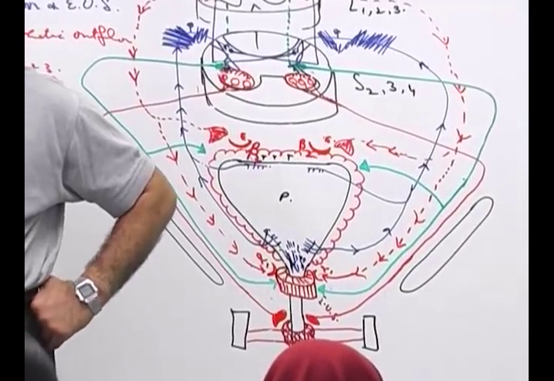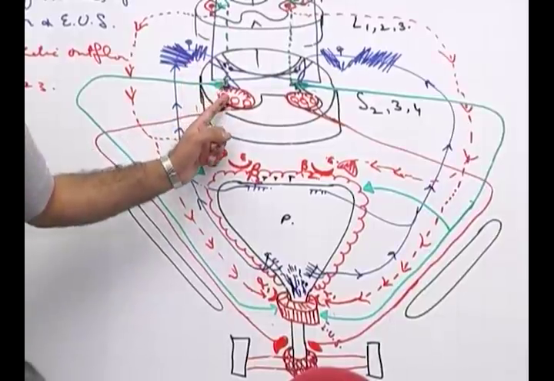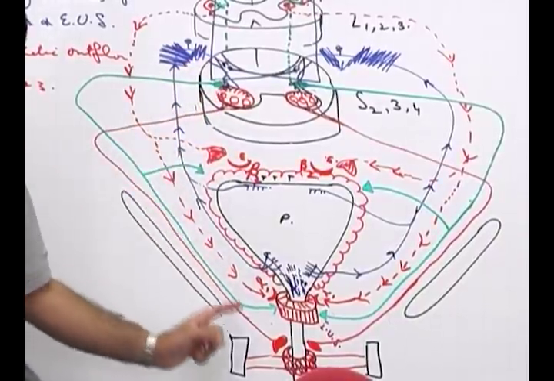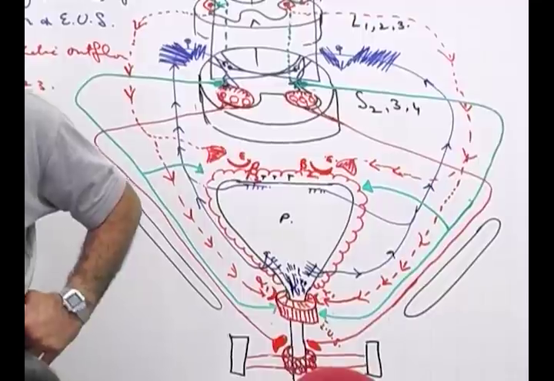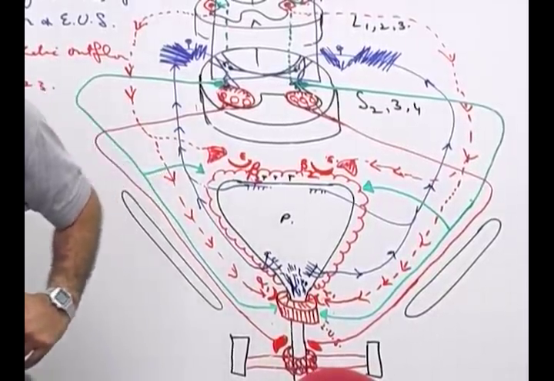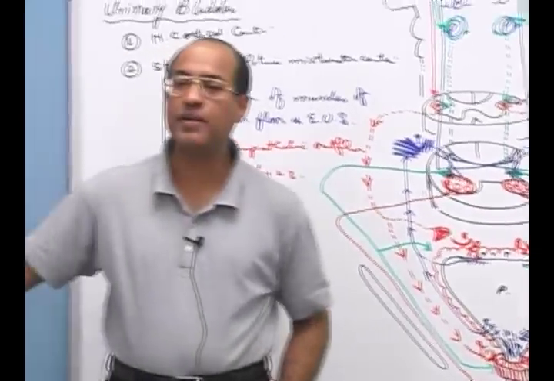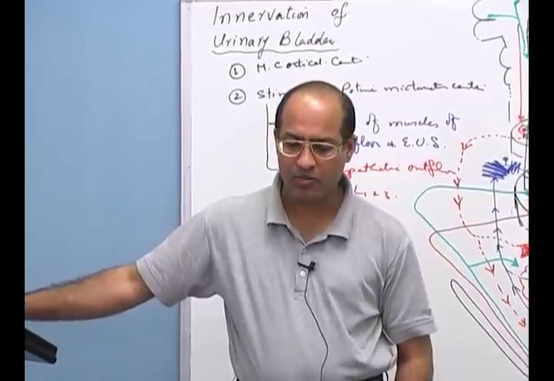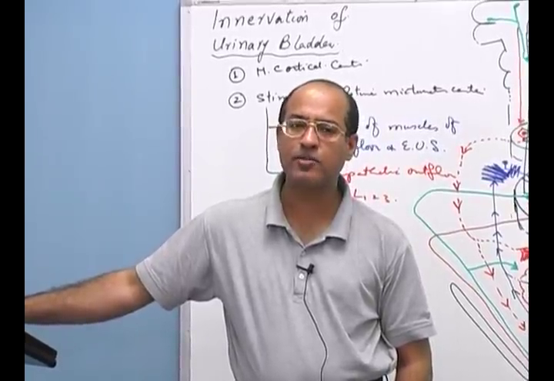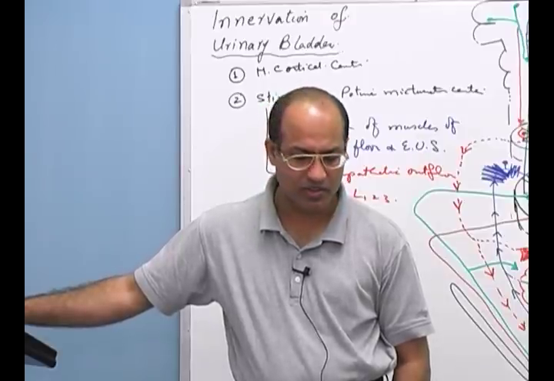There is no sensory input going to the central nervous system, and there is no motor output coming from the central nervous system. Under these circumstances, we say it will become an automatic bladder, or some people call it simply a decentralized bladder, because it has lost the connection with the central nervous system.